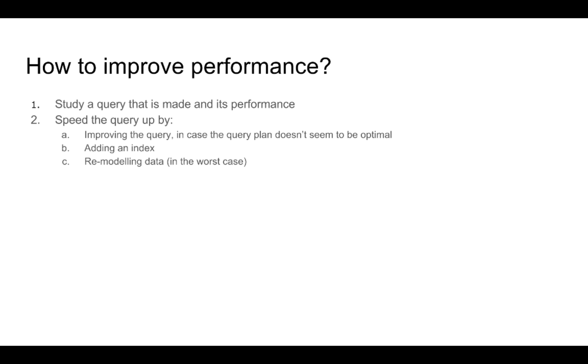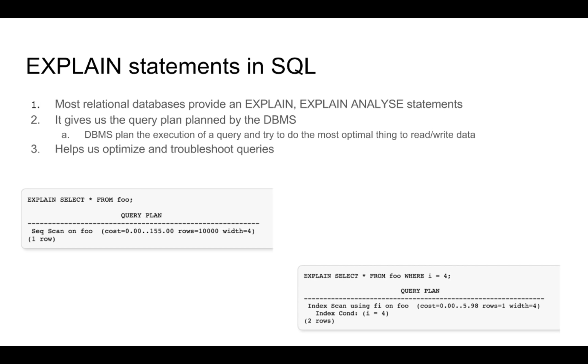So as a DBA or as a developer, if you're given a task to improve the performance, the first thing that we have to do is to study our query and to see if we can improve our query to improve its performance. Again, to take the previous example, if we are writing a web application in a naive way and we want to fetch all the rows from the table foo which have the value 4, we might actually end up making a query by mistake to the DBMS that says fetch me all the rows from the table foo, and then inside our application, once the data is given to us from the database, we might search inside that data for the value i equal to 4.